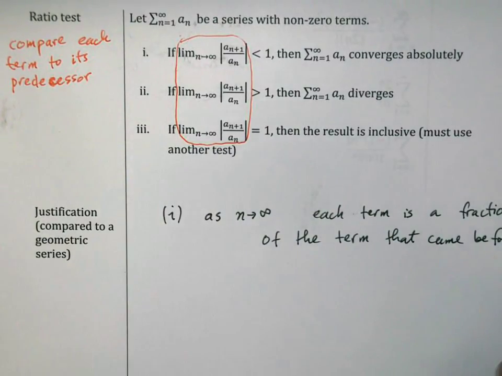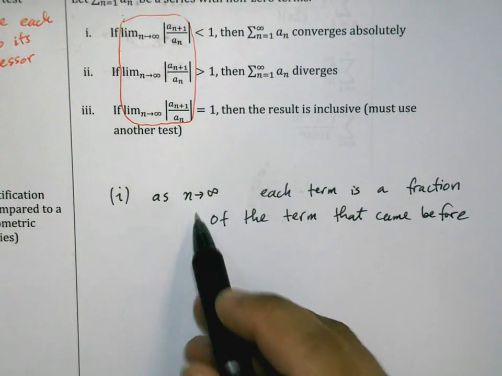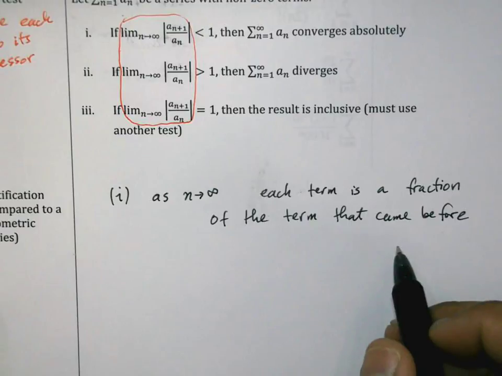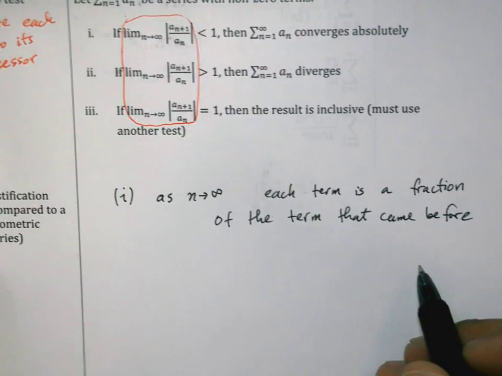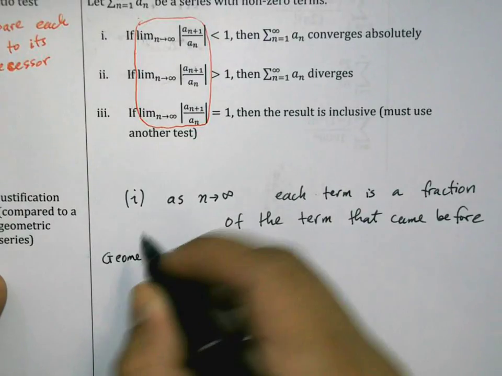Okay. So this may not happen earlier on yet, but eventually, if you keep going, each term will become a fraction of the term that came before. So if you compare this to a geometric series, okay.